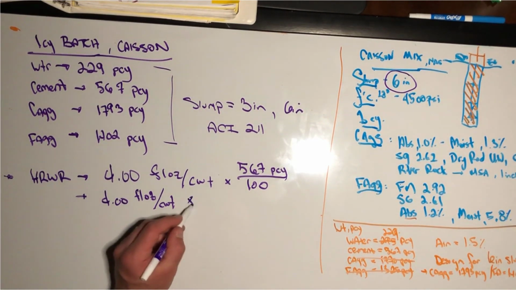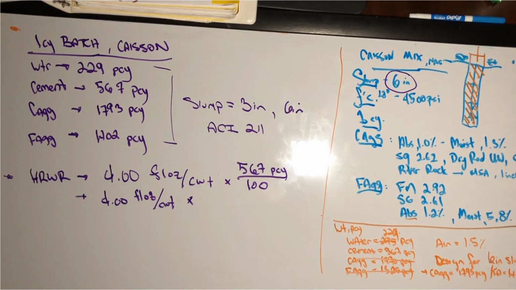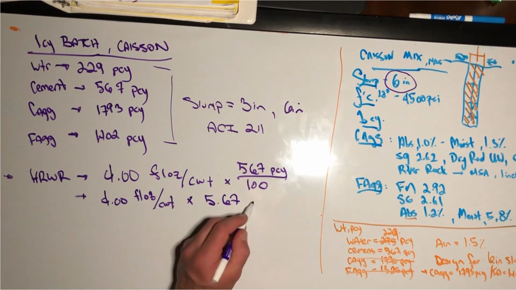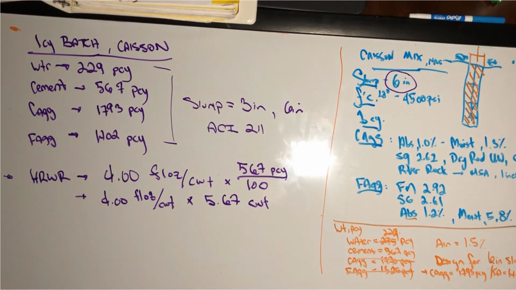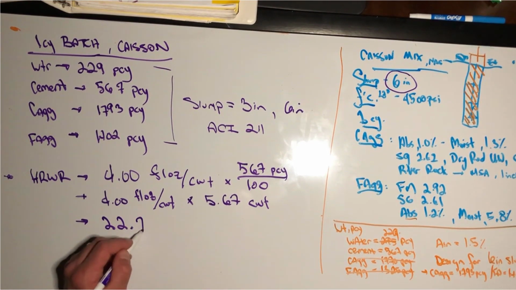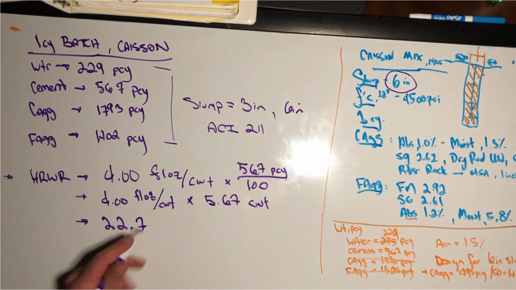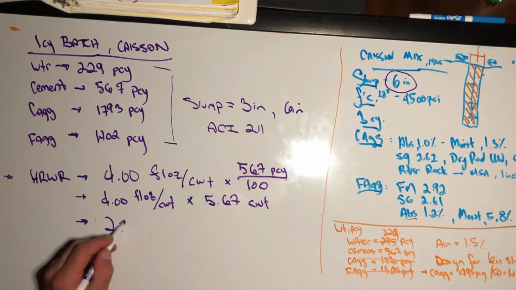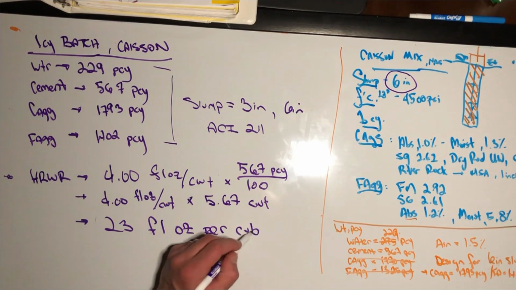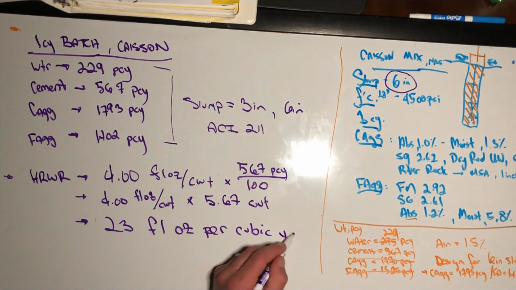So that means if we have 567 pounds per cubic yard of total cementitious and we divide it by 100, that means we have 5.67 hundredweights of cement. And when we multiply that through, 4 times 5.67, we end up with a high range dosage per the truck. It's really 22.68, but we can go ahead and round that up to 23 fluid ounces per cubic yard.